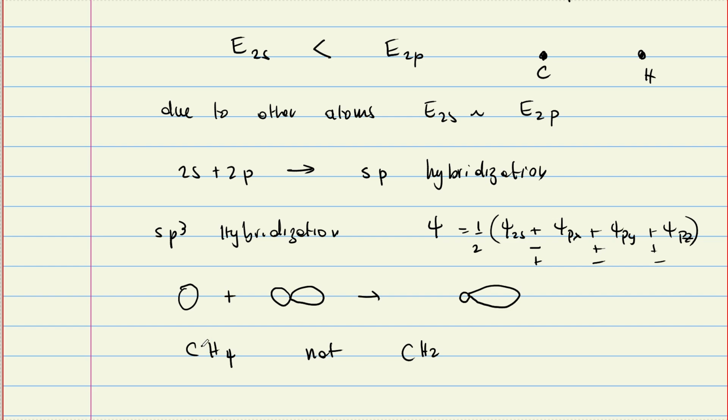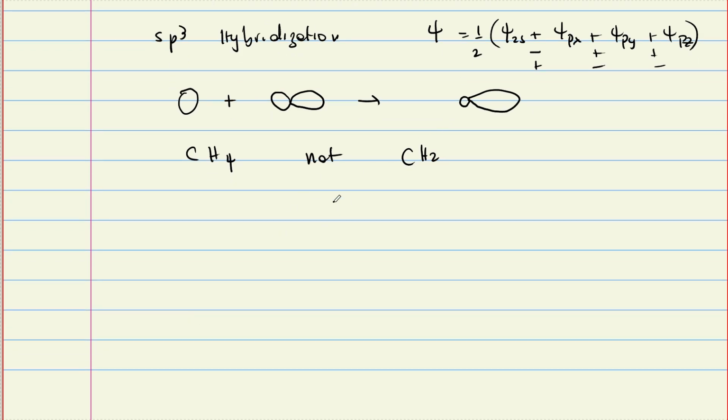But in the carbon case, we have something like that, and this one is going to have these ears. So there's this tetrahedron, and at each corner of the tetrahedron is an H. So this is H, this is H, this is H, this is H, and there's carbon in the middle. This is what we call sp3 hybridization.